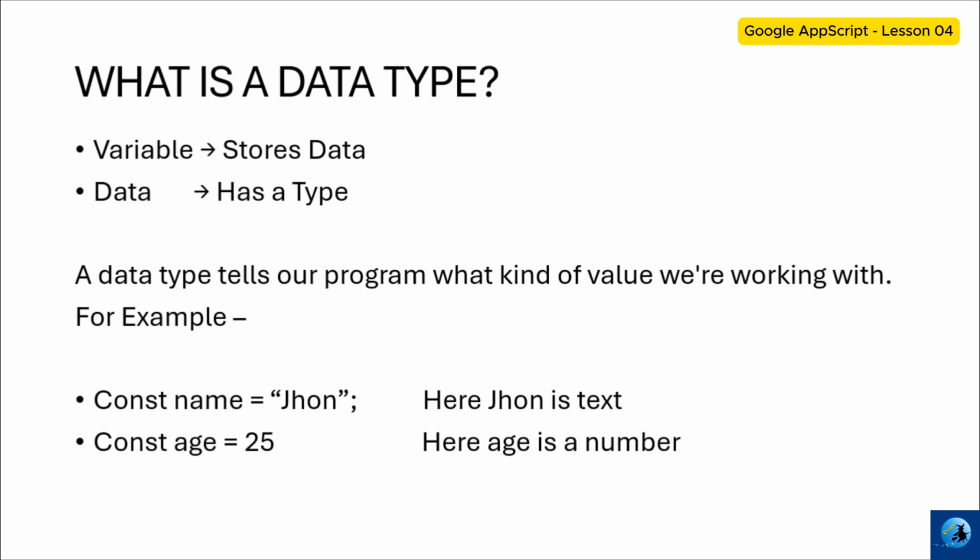Before looking at the individual types, let's understand what a data type means. A data type tells our program what kind of value we are working with. For example, you can see we have assigned a variable called name. We have assigned the variable name equal to John. We have written John within inverted commas. Here John is text.